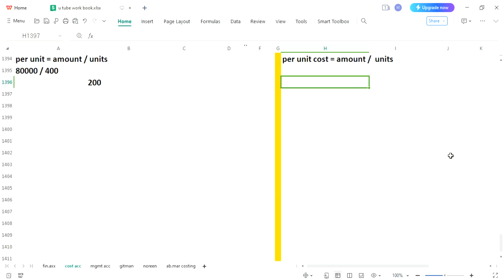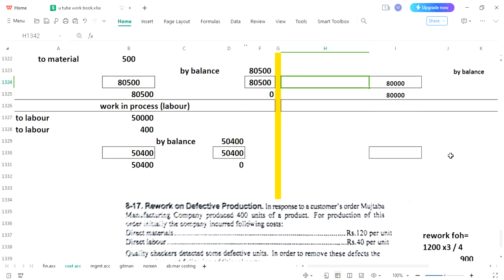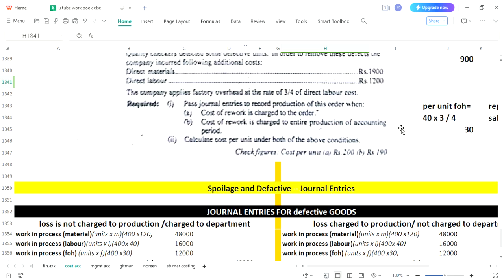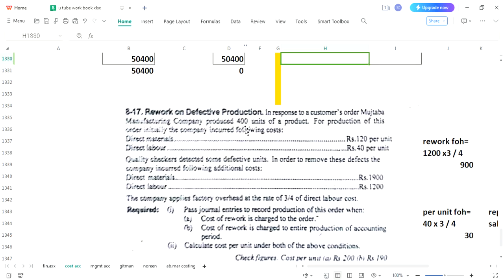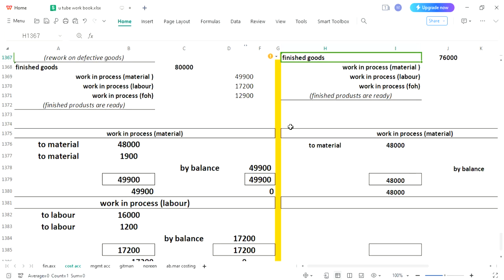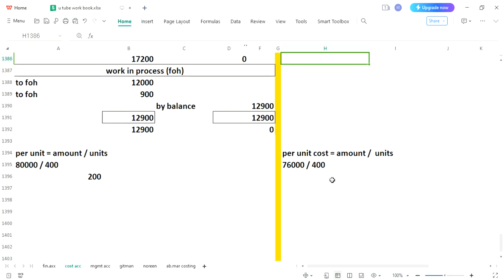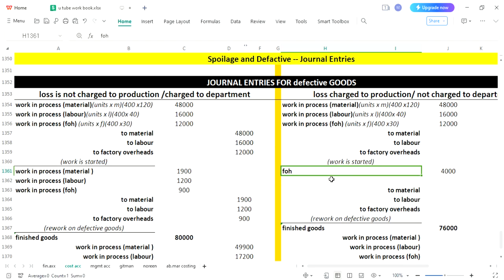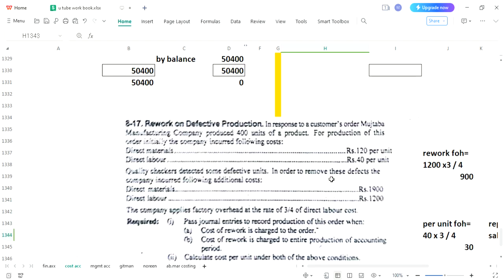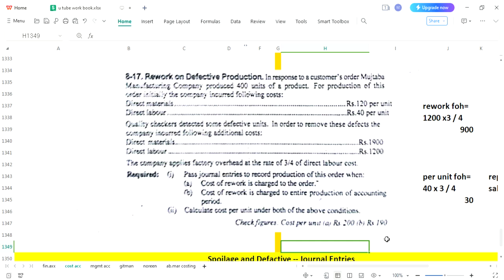So you will take 76,000 first, and then divide it by the number of units, 400. 400 is similar for both, and in the question you have seen 400 units were produced. Alright, the statement is completed. Now let's calculate it. 76,000 divided by 400. So we have got 190, and the answer in our question for part B is also 190.